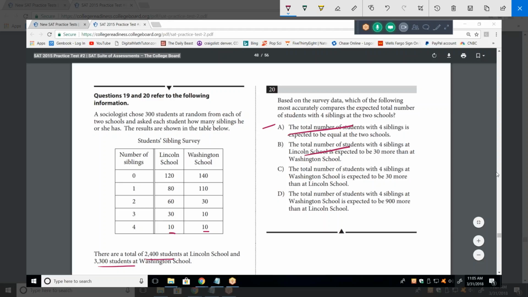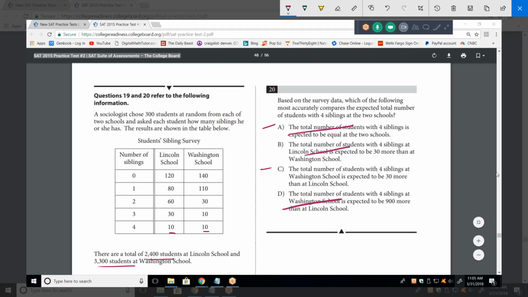Now, C looks like a distinct possibility, but before we do the math, let's look at D. Maybe we could rule out D, and if we can, we won't have to do the math. Can we rule out D? Yeah, we do not have to do the math.